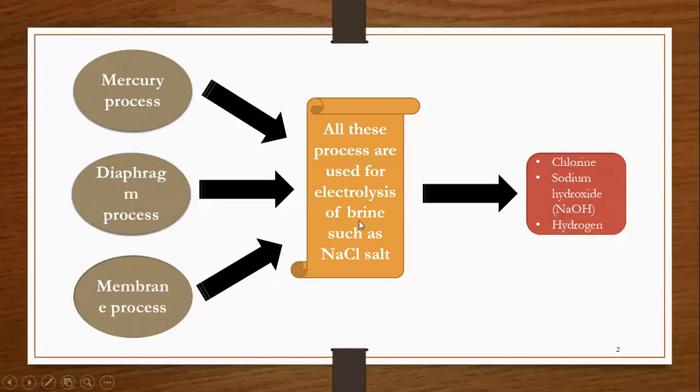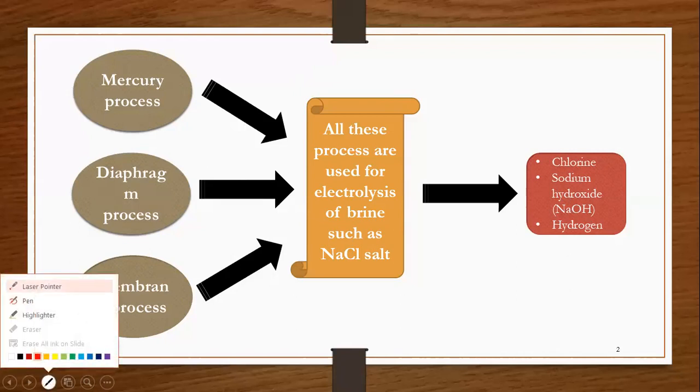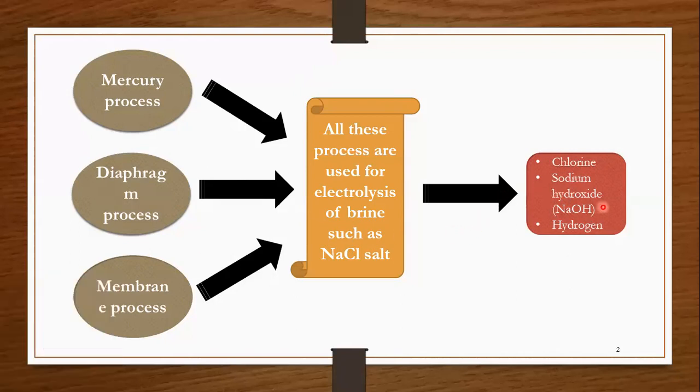The concentrated salt solution is called brine. With the help of brine, we can easily produce chlorine, sodium hydroxide, and hydrogen gas. All these processes are useful for the formation of chlorine, sodium hydroxide, and hydrogen gas.